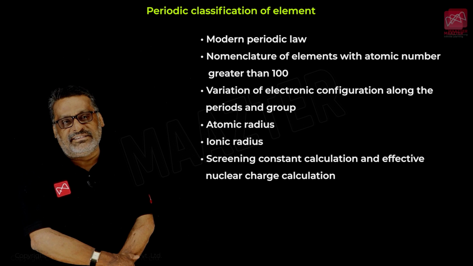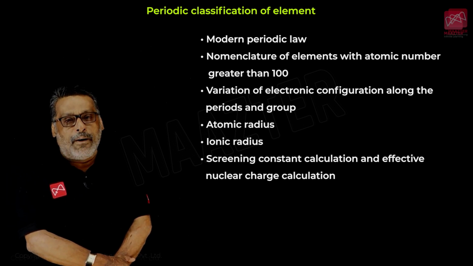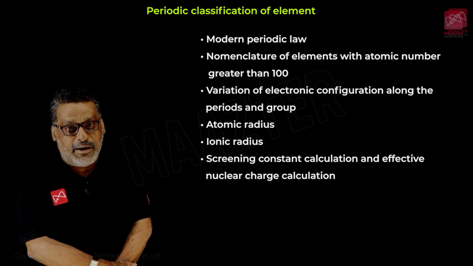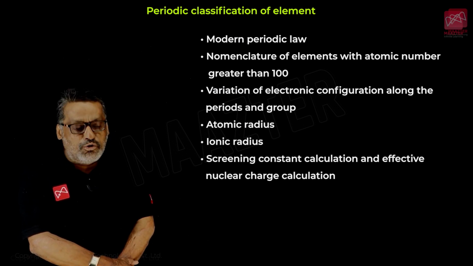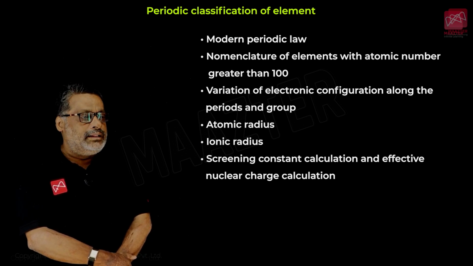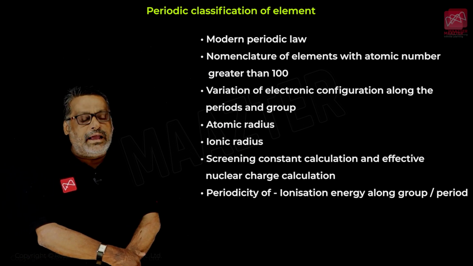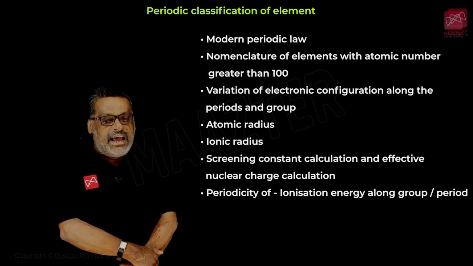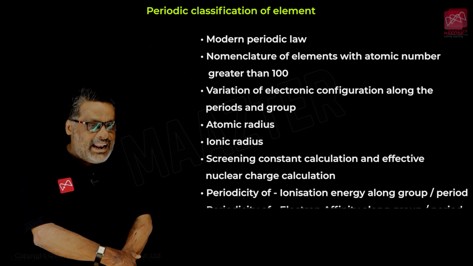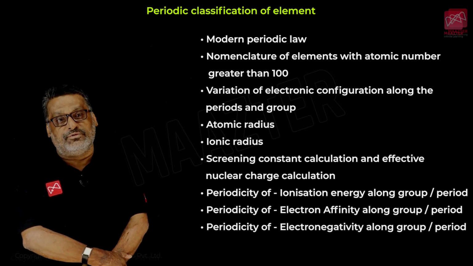Screening constant calculation and effective nuclear charge calculation is also an important part of this chapter. You can expect problems based on these concepts in 2 marks as well as 3 marks questions. Okay, fine. Then periodicity in properties, particularly ionization energy or ionization potential, electron affinity as well as electronegativity along the group as well as the period.